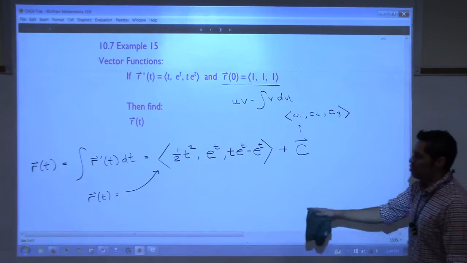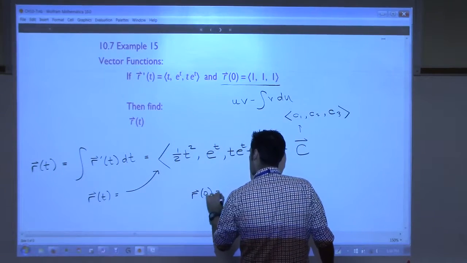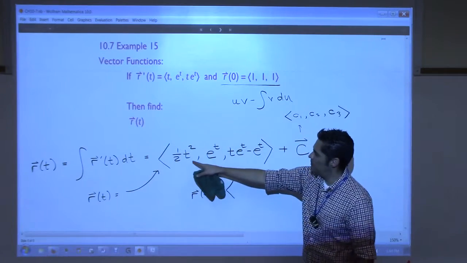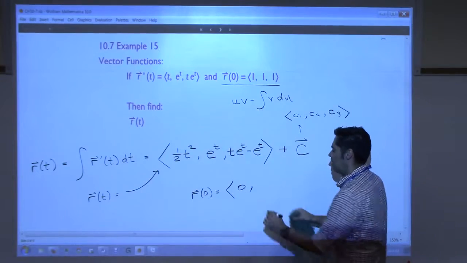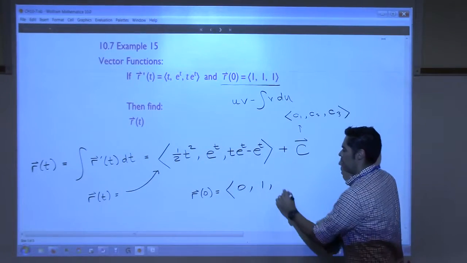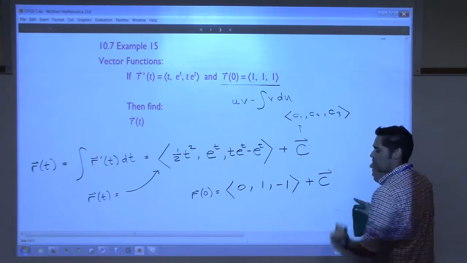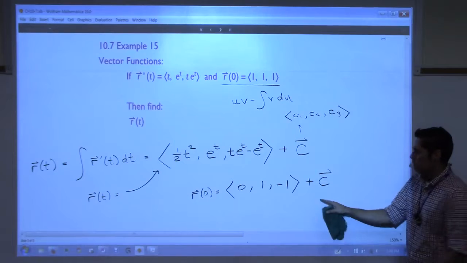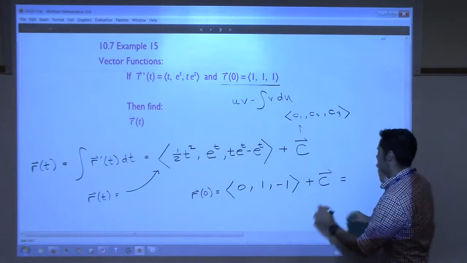So let's plug 0 into this. What is R of 0? Into my vector function, I get 0, 1, negative 1, plus some constant vector, which must equal 1, 1, 1.